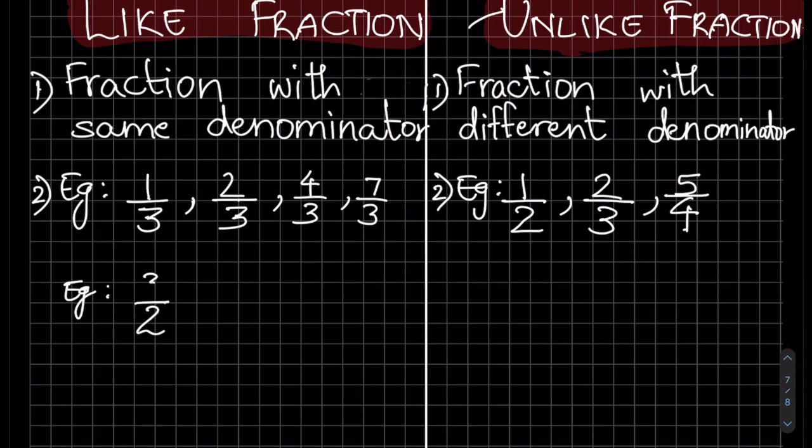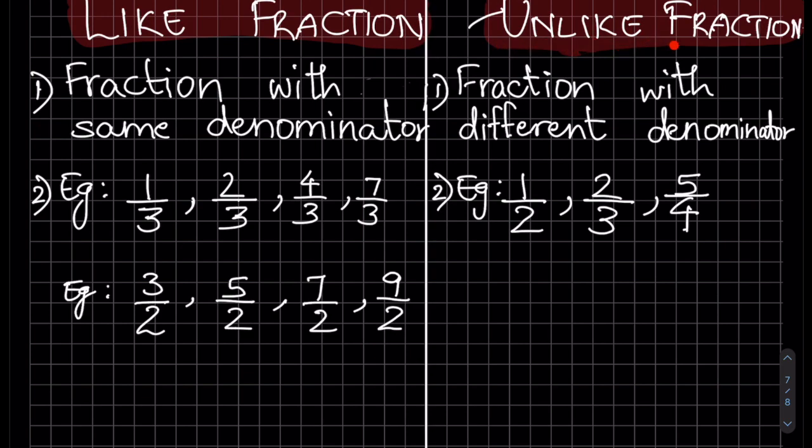So here I can have 3 over 2, then 5 over 2, then 7 over 2 and 9 over 2. Here you can observe that in all the four fractions, the denominators are absolutely the same, that is 2. So this is an example of like fractions.